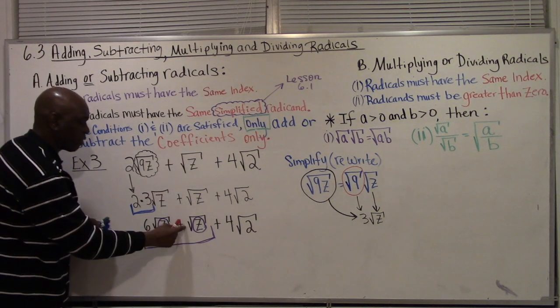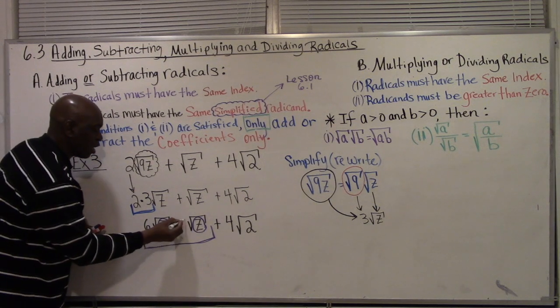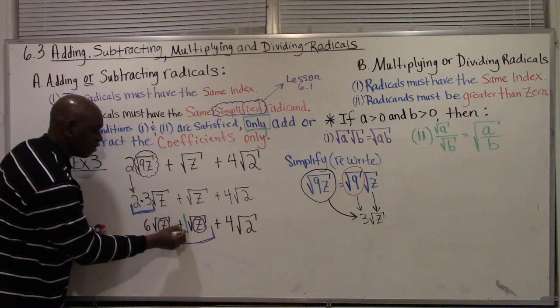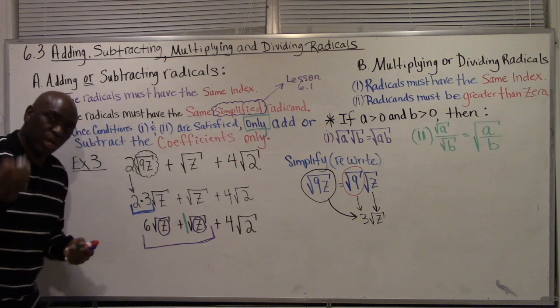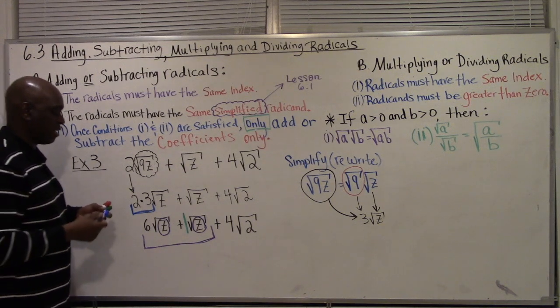Well, what number is in front of this right here? Please note that there is a 1. When you don't see a number, there's a 1. See that? There's a 1 right there. Okay, let's add now.